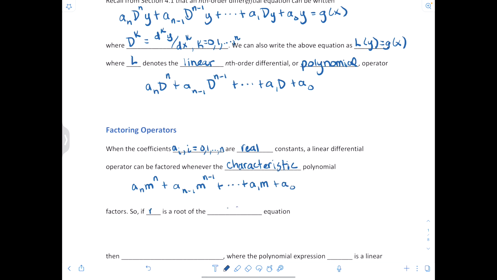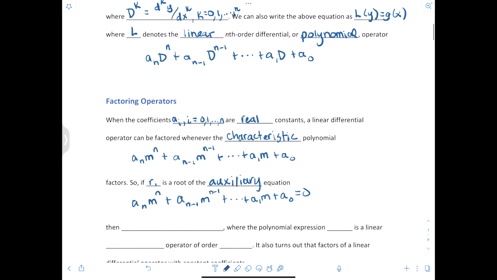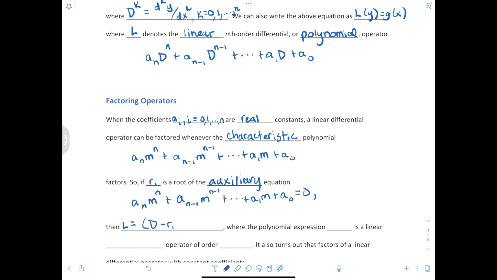So if r1 is a root of the auxiliary equation, which is what we just wrote here, but it's equal to 0 now, then L is equal to d minus r1 times some polynomial in d, where the polynomial expression p of d is a linear differential operator of order n minus 1.